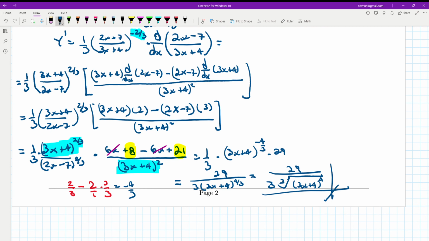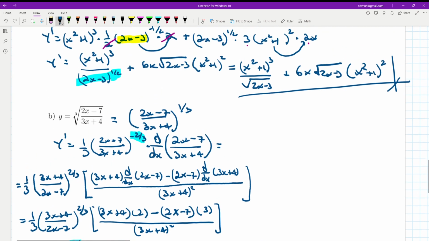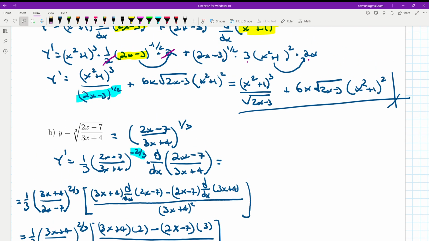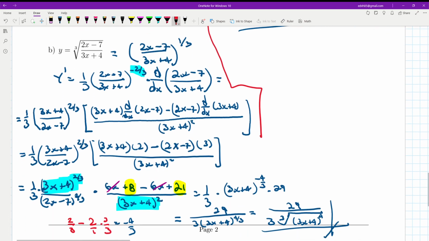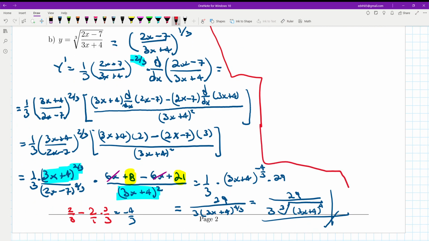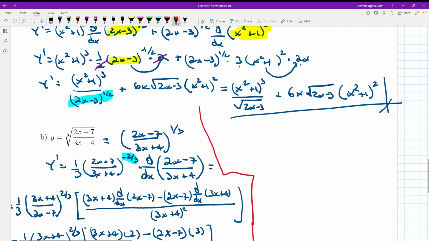Now, let's go back to example letter A and see how we can further simplify. And yes, there's a way to write this in a more compact way. On the one hand, notice this x squared plus 1 is raised to the 3rd power, and this x squared plus 1 is raised to the 2nd power.